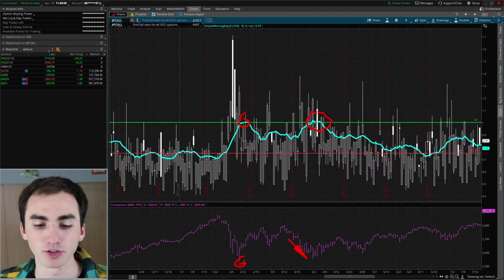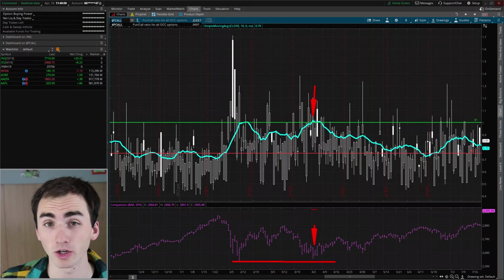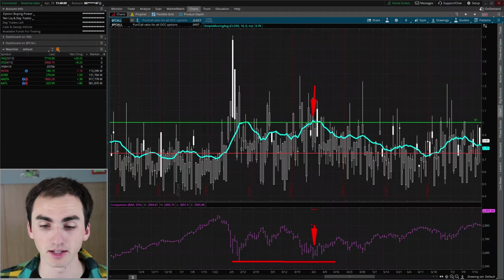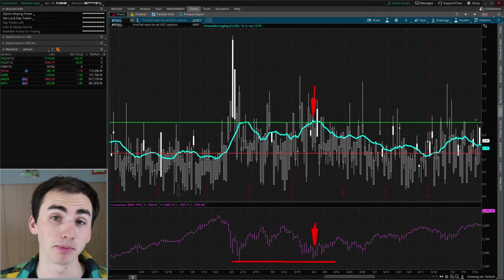But as you can see, the low is different. So this low right here is higher. And so essentially people are just as scared at these two levels, but this low over here is a little bit higher, meaning that we're putting in a higher low, but people are just as scared.